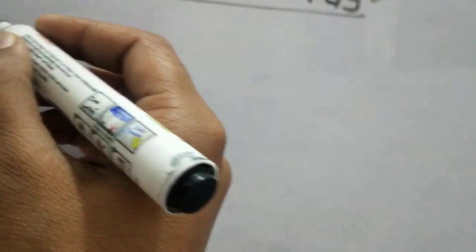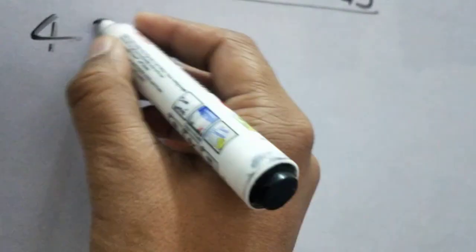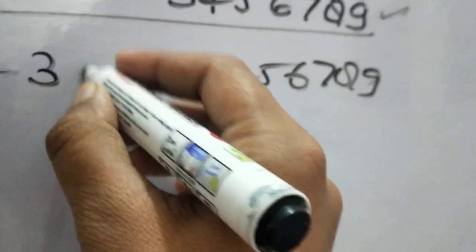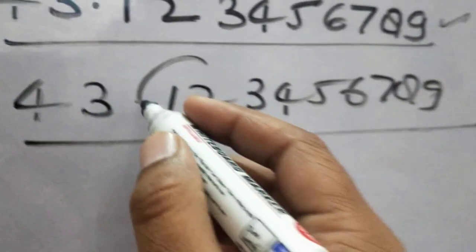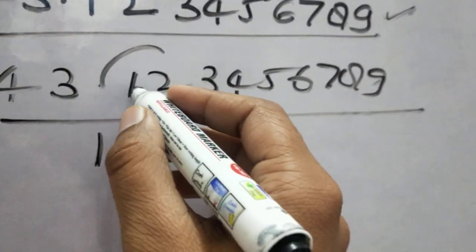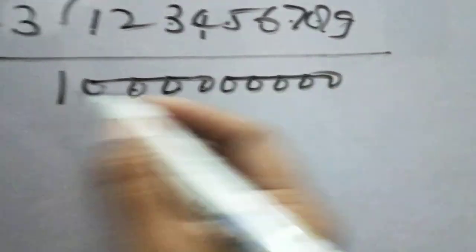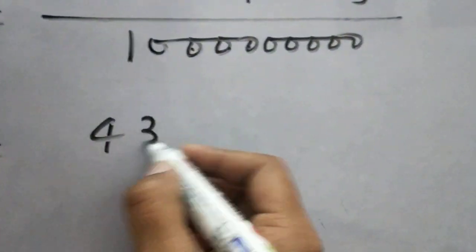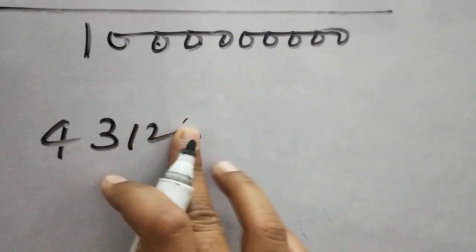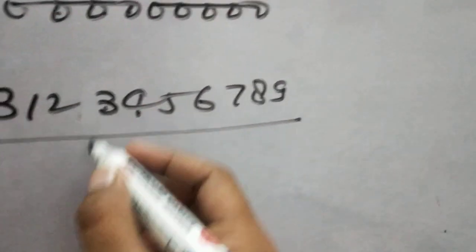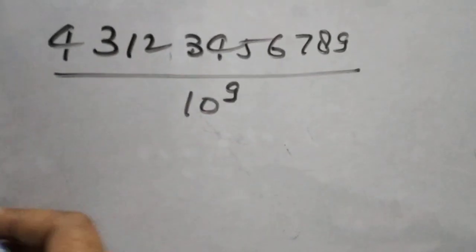So you can write 43.123456789. Suppose I remove the decimal point. 1 is the denominator with 9 zeros, because there are 9 digits after the decimal point. Now 43123456789 upon 10 to power 9.